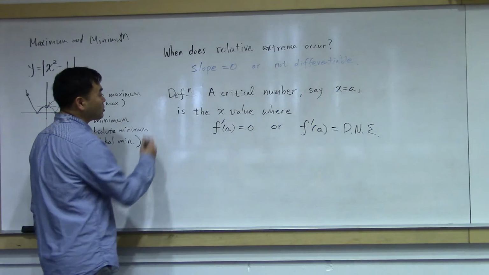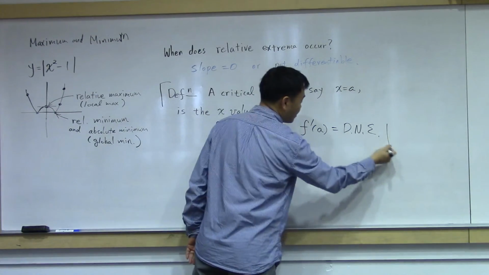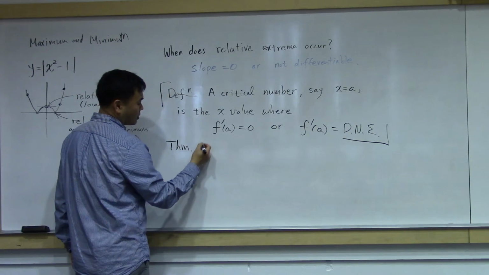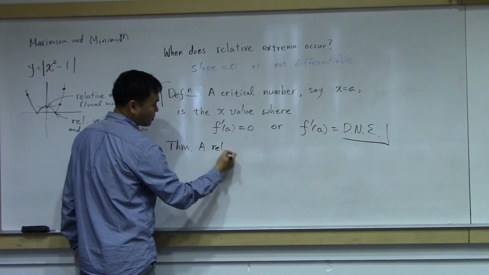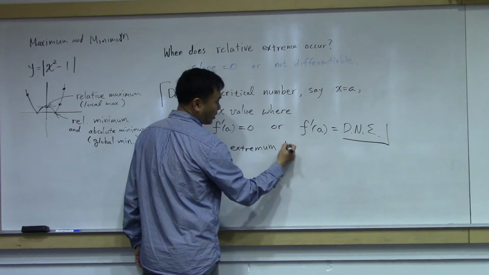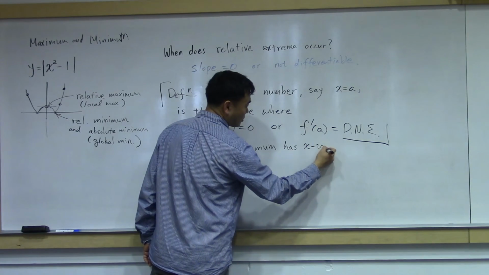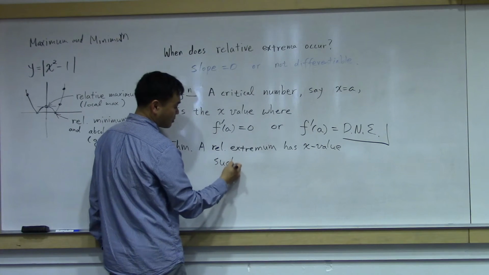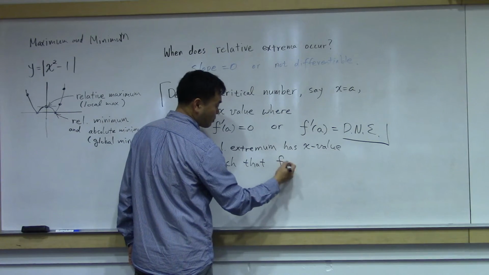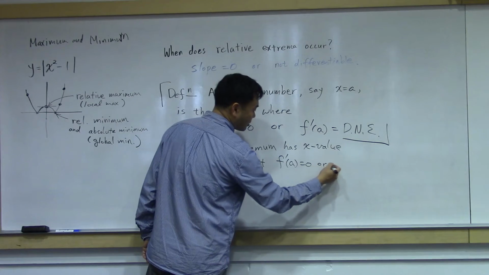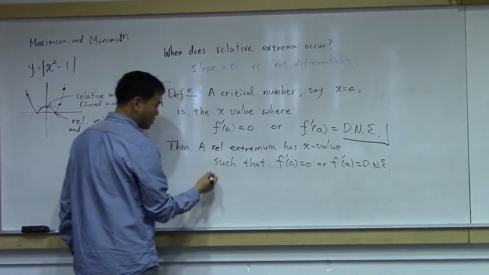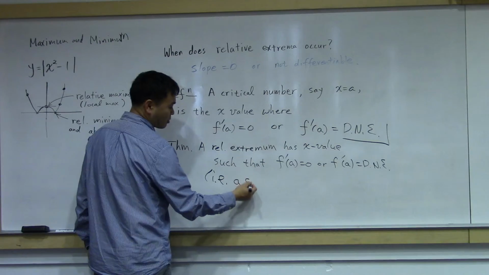Now, why would we need such a definition? We need such a definition because of the theorem of relative extremum: a relative extremum has an x value a such that f prime of a is 0 or f prime of a does not exist, i.e. a critical point.